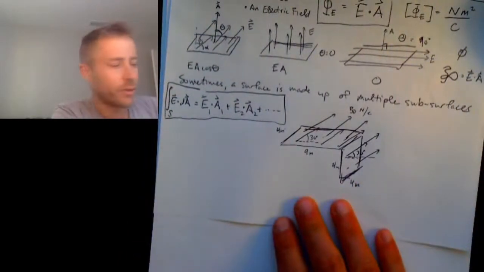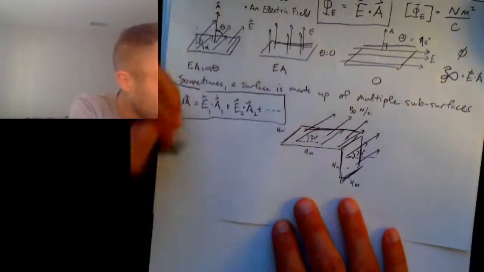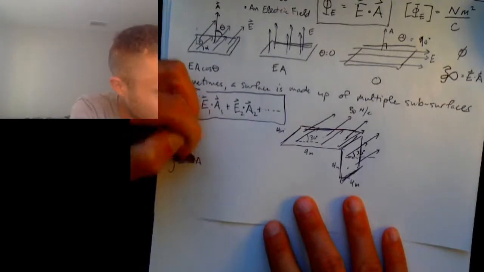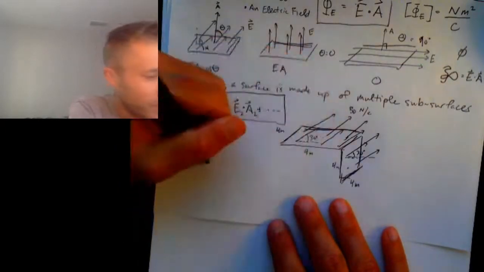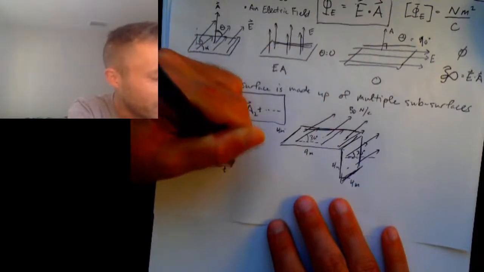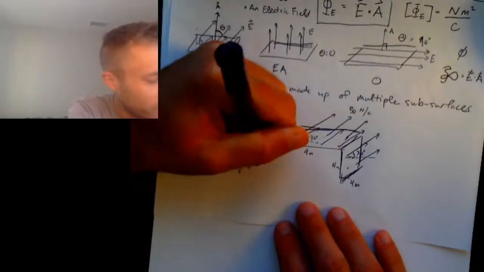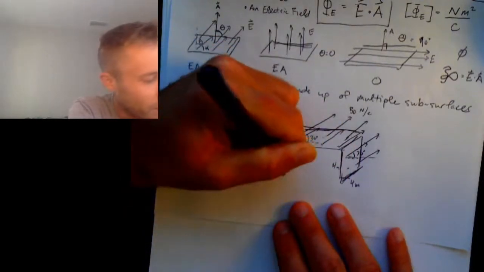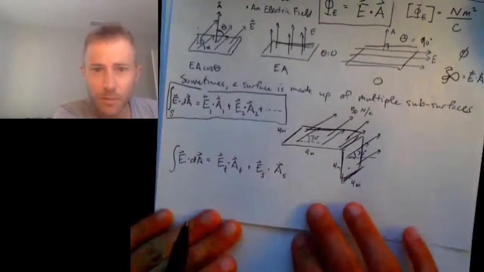All right. So let's do this calculation. If we think about the flux through this particular surface, I'm going to have the top face, so the electric field on the top, dot the area vector of the top, plus the electric field on the side face, dot the area of the side face, because there are two faces on this surface.